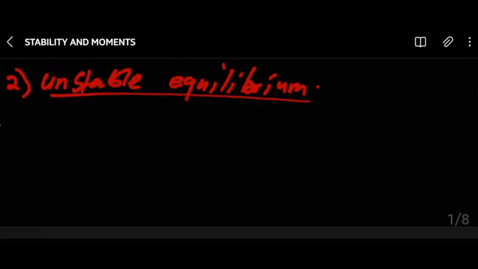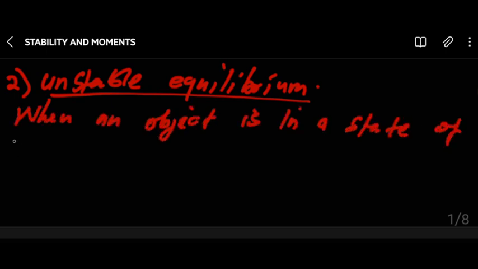So from stable equilibrium, we go straight to unstable equilibrium. When an object is in a state of unstable equilibrium, a slight push or pull causes it to topple over. An example is a ball pen.